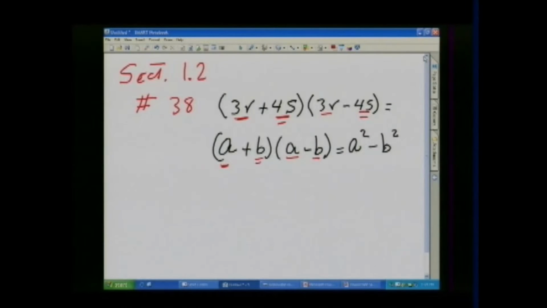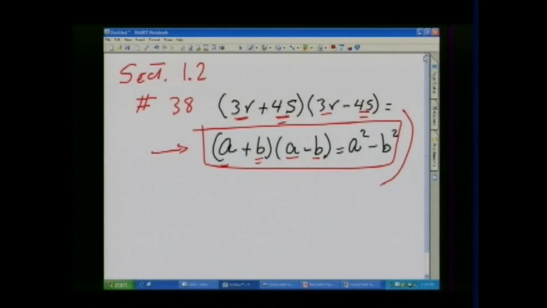Based on this special product rule, this problem would be 3r squared minus 4s squared, which is equal to, 3r squared is 9r squared, and 4s squared would be 16s squared.